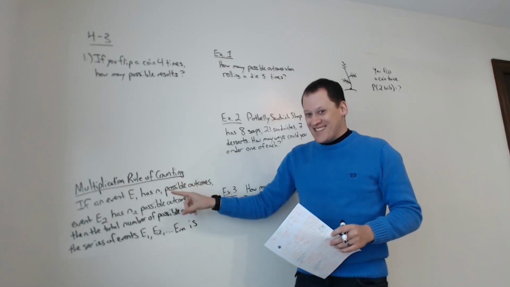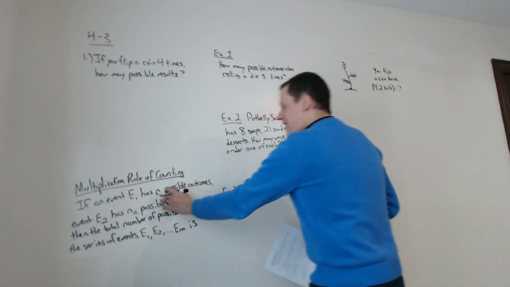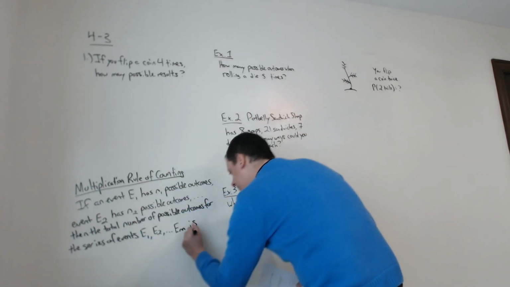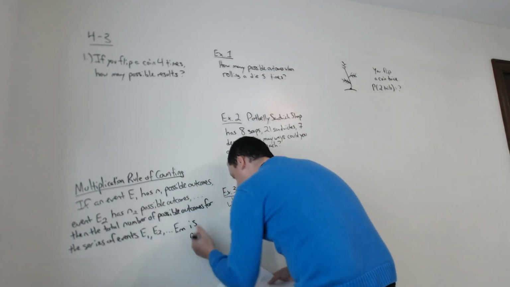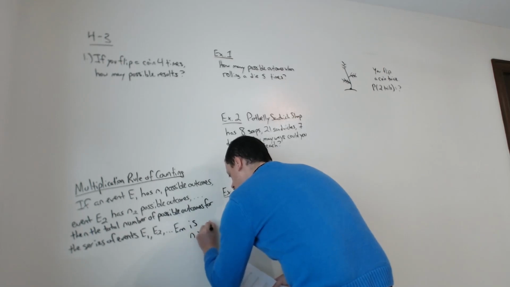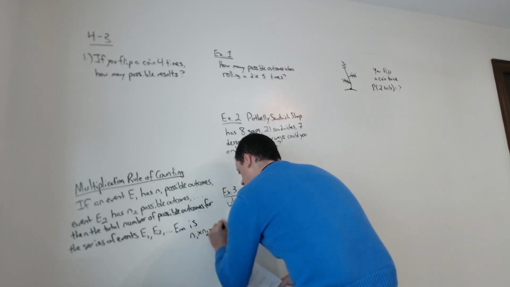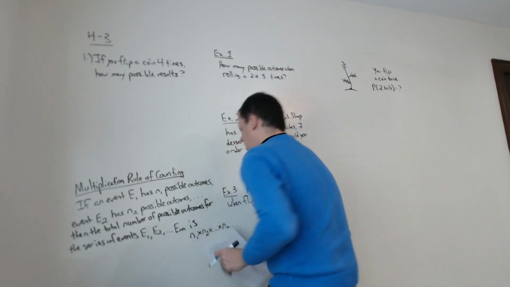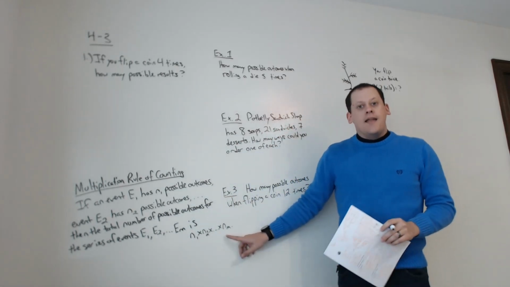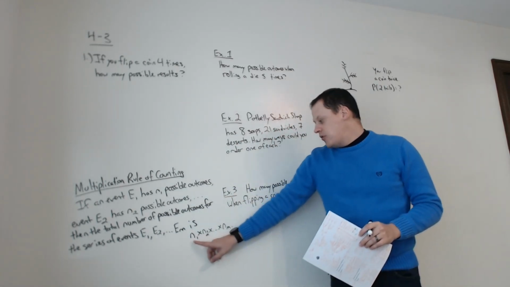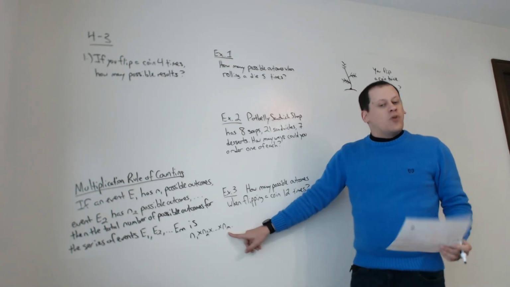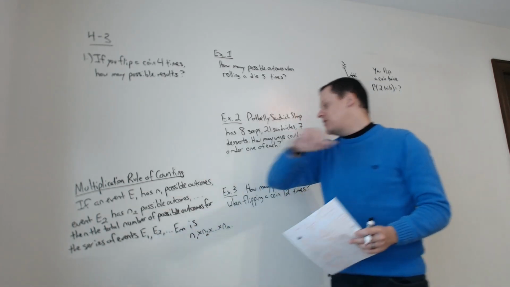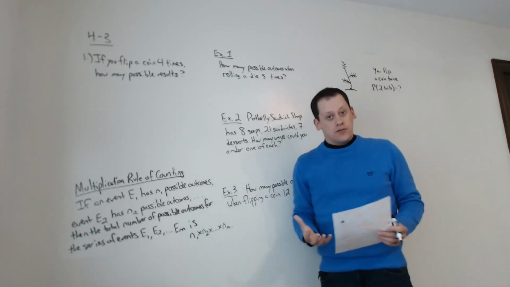It's a big hint. We're just going to multiply all these N's. So N1 times N2 all the way up to NM. We're going to multiply all these together, take the product of all those. That is going to be the total number of outcomes for the entire series of events.